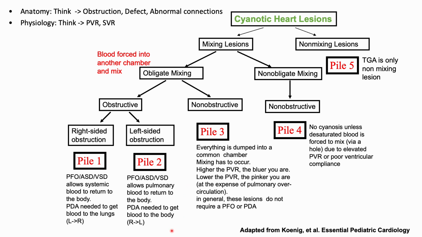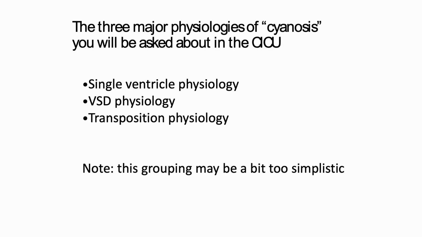So with that in place, I know this is a dense slide, and I know I just walked you through it. I'm going to step into the next step where I go into how each of those categories creates these three major physiologies, so to say, of cyanosis. You'll be talking about these types of physiologies in many cardiac conversations, including the CICU.